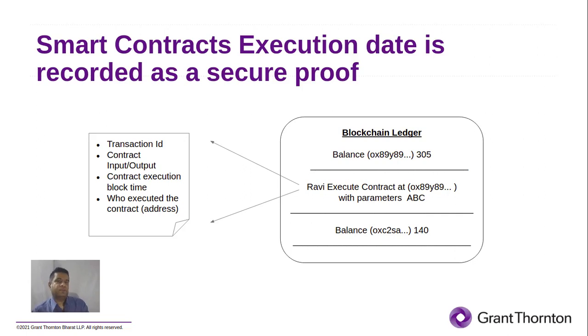So some of the things that get recorded as execution data for the contract are the contract's input and the contract's output, its execution block time or execution timestamp, and who executed the smart contract. All of these come out of the box as smart contracts get executed, which is what makes it very important for any system that needs auditability and transparency to implement smart contracts for its business purposes.